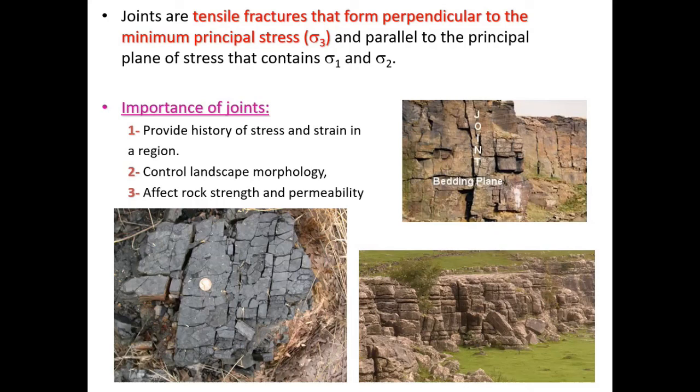Other than this, the other thing is when we inject fluids in order to form joints and tensile cracks inside the petroleum-bearing rocks, what other thing is happening is we are changing deviatoric stress.